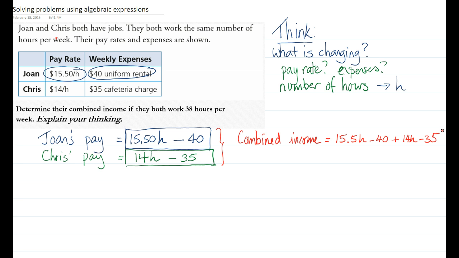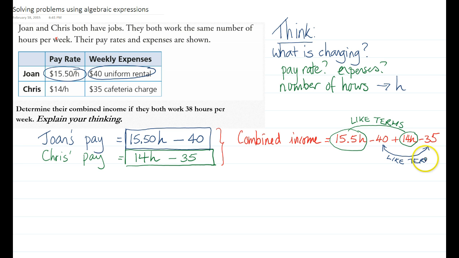And we can simplify this a little bit more by adding together what we call the like terms. So this term here, 15.5H, and this term here, 14H, they're both multiples of H. So we would call these like terms. And also, if we take a look at the numeric parts, the negative 40 and the negative 35, they are also like terms.